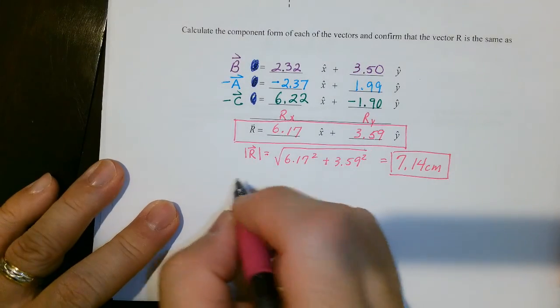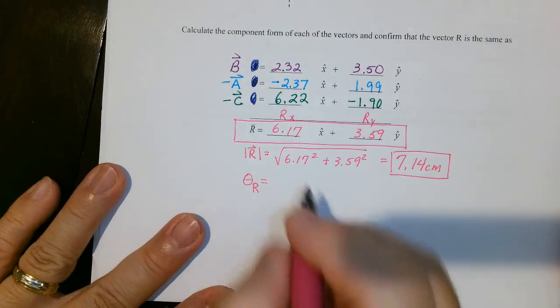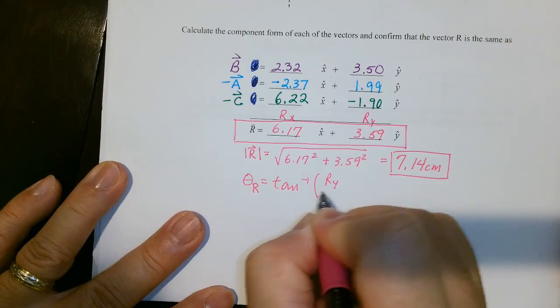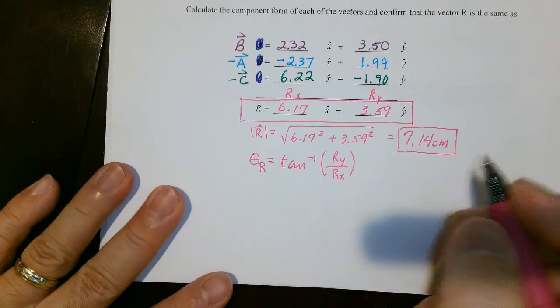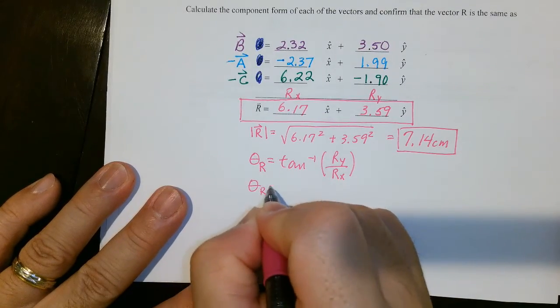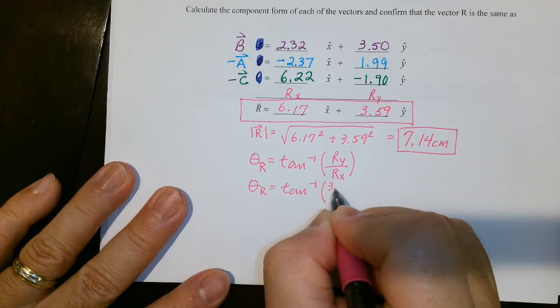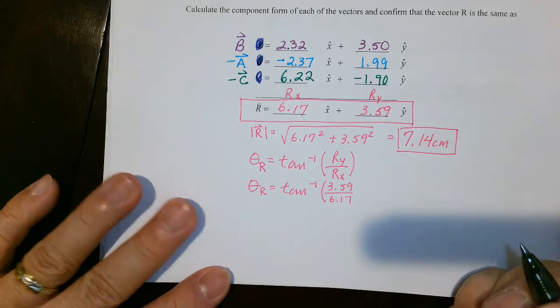Then your theta R is your beta R because it's in the first quadrant, which is then tan inverse of Ry over Rx. Therefore, your theta R is equal to tan inverse of 3.59 over 6.17.